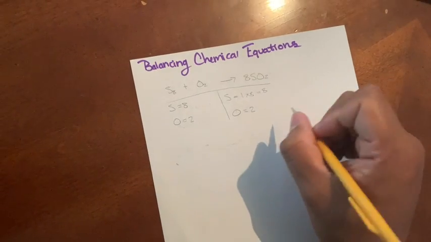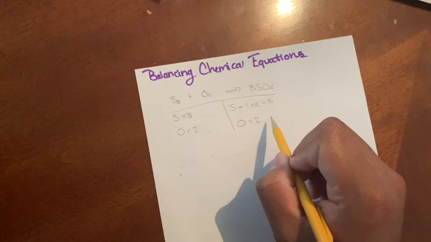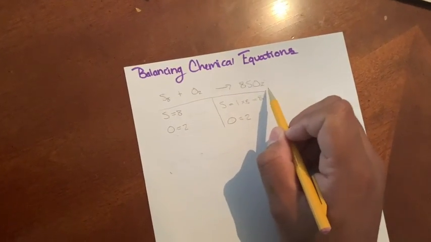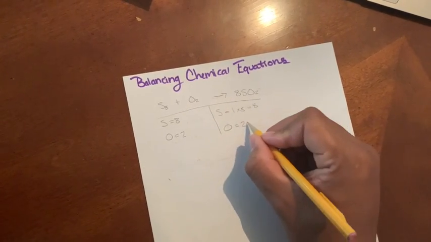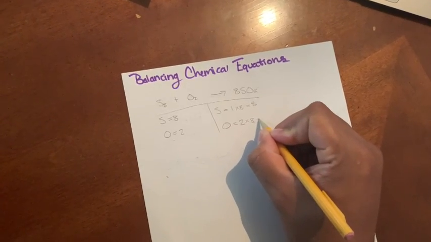So we would have 8 sulfurs on both sides of the equation. But since we plug that into the coefficient of a whole product, that 8 is also multiplied into that 2. So that would be 2 times 8, which gives us a 16.